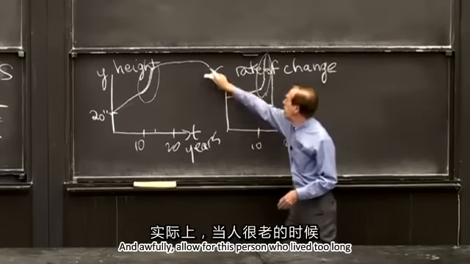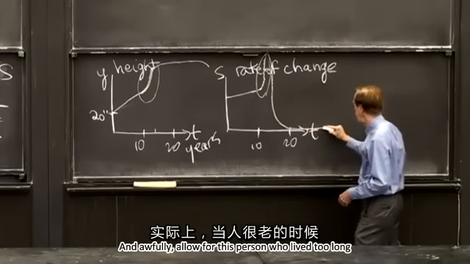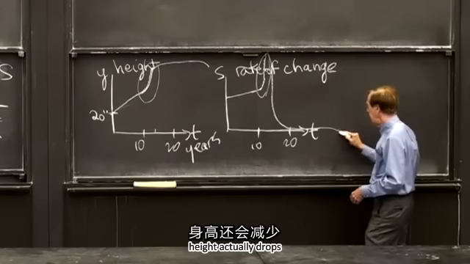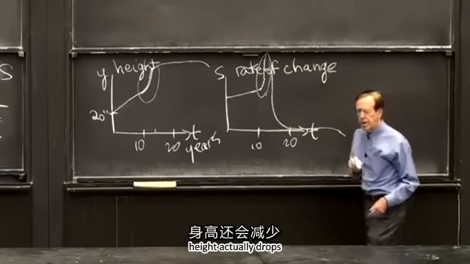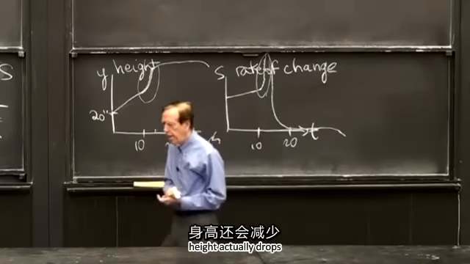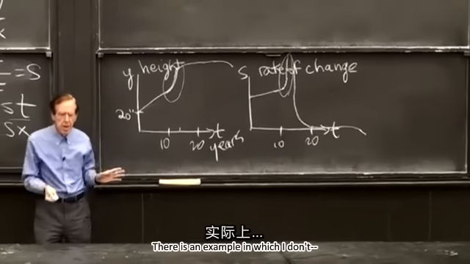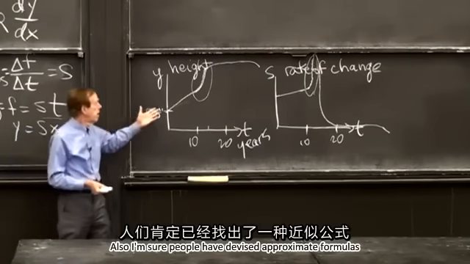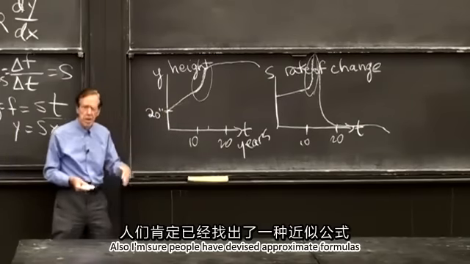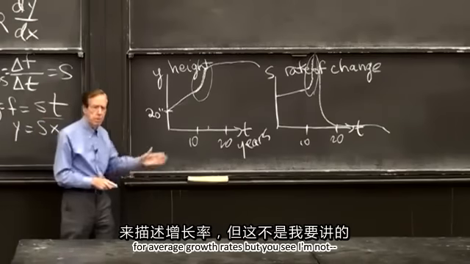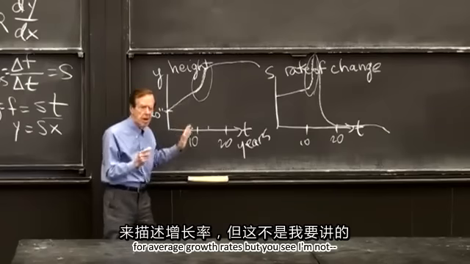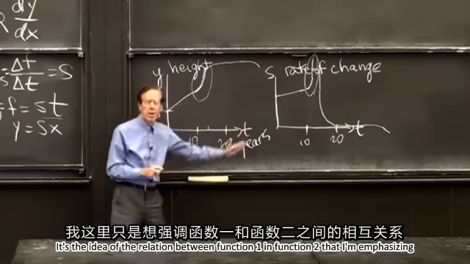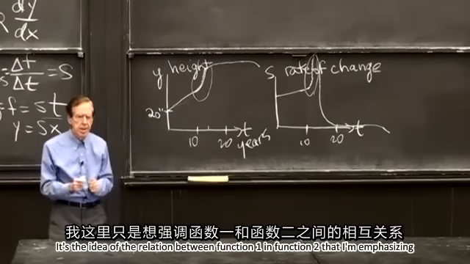And if we allow for a person who lived too long, height actually drops. I'm sure people have devised approximate formulas for average growth rates, but it's the idea of the relation between function 1 and function 2 that I'm emphasizing.